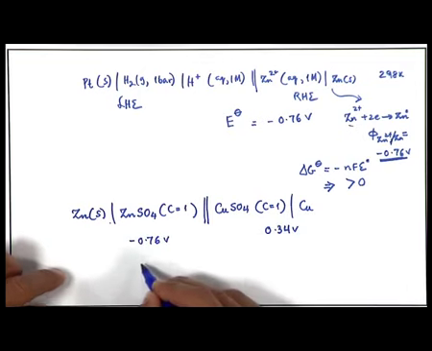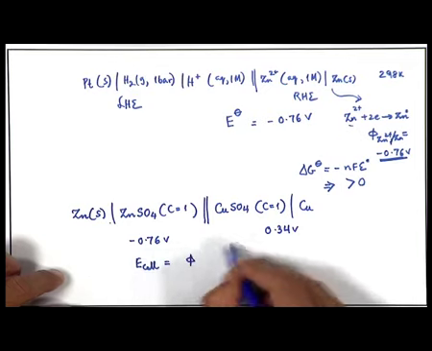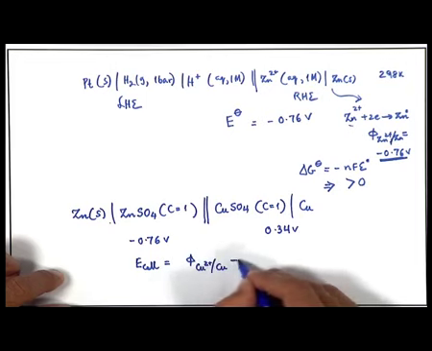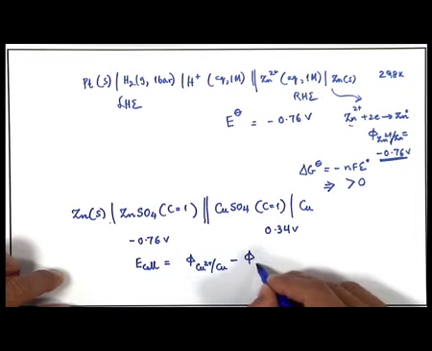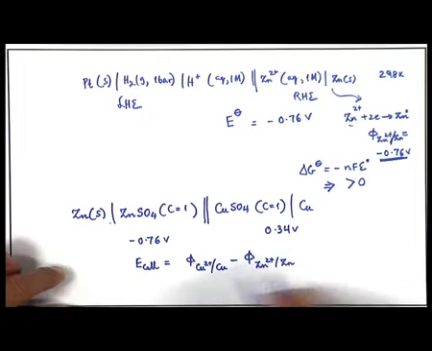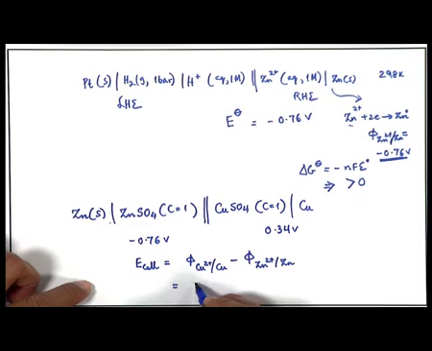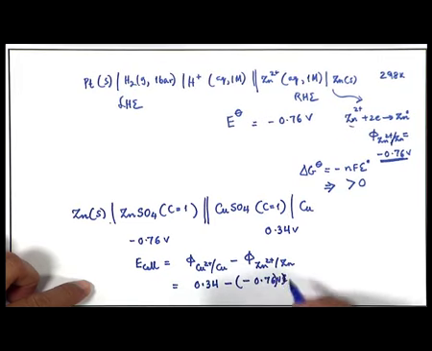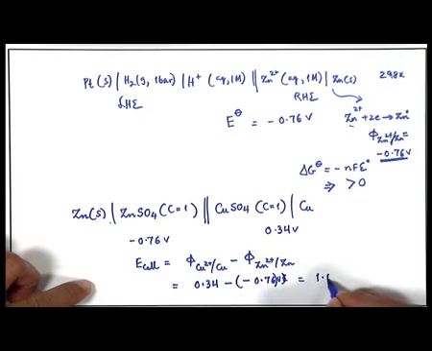So E cell will be phi right, Cu2+/Cu, minus phi left, Zn2+/Zn. That means 0.34 minus (minus 0.76) volt, which gets you 1.1 volt.